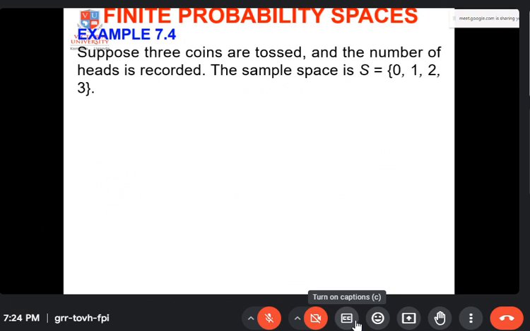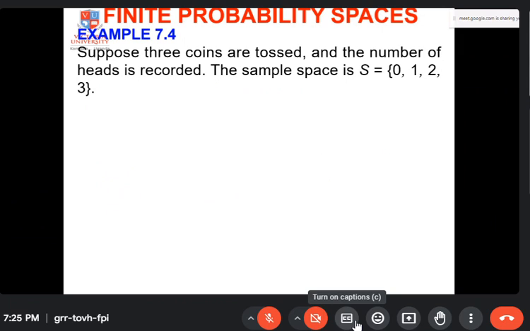You can toss 3 times and you get 0 heads. That is a possibility. You can toss 3 times and you get only 1 head. You can toss 3 times and you can get 2 heads.